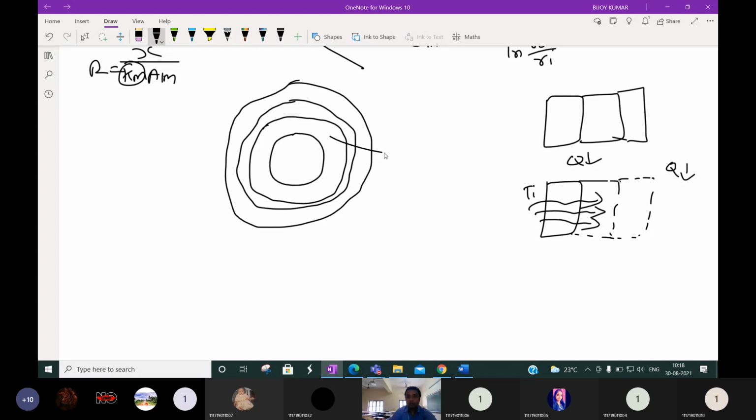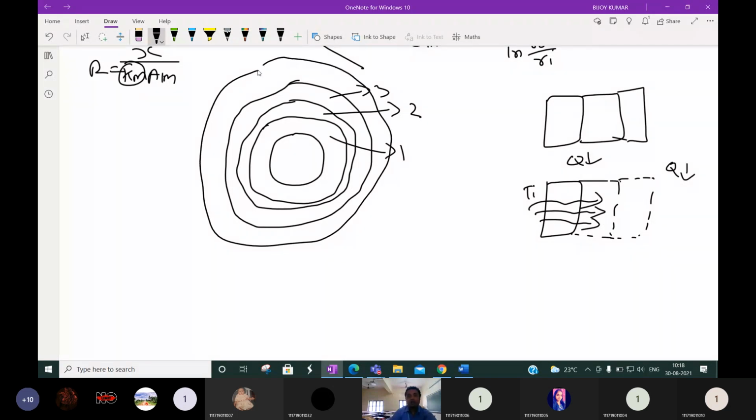This is cylinder 1, this is cylinder 2, this is cylinder 3, or cylinder 4, 5, everything. We can connect them in series or parallel. This connection is called series connection, and this type of structure is called a composite structure.